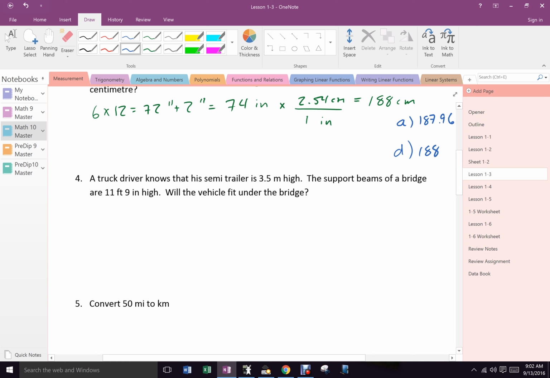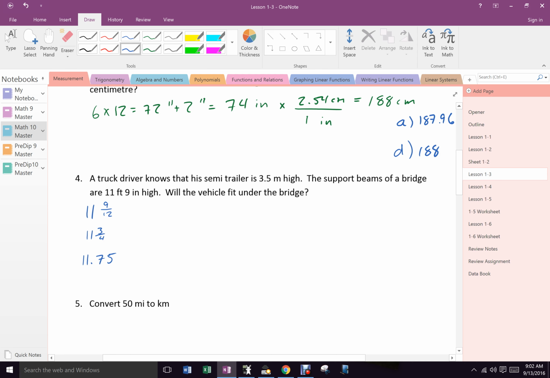Because this 9 is 11 feet and 9/12 of the next foot, isn't it? Isn't 9/12 11 3/4? And isn't 11 3/4 11.75? Is that all okay? So now I've got 11.75 feet.